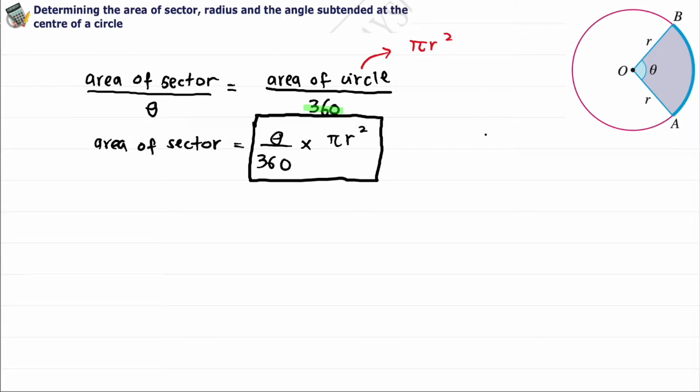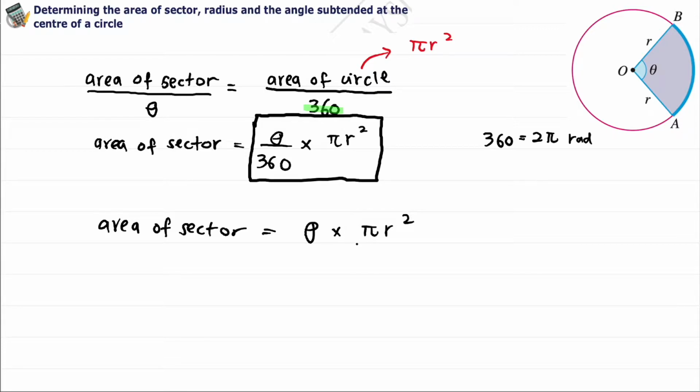So we know that again 360 is equivalent to 2 pi radian. So we change that. Area of sector is equal to theta, and everything else is the same, times pi r square over, the only thing that is different is the 360.